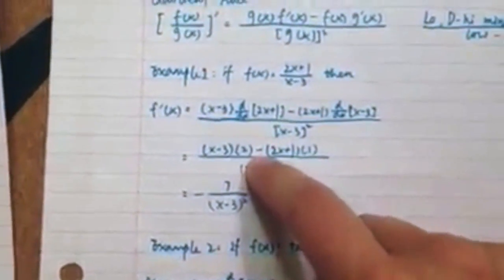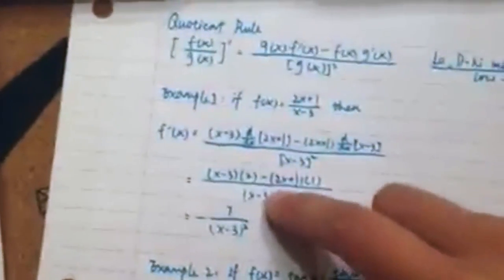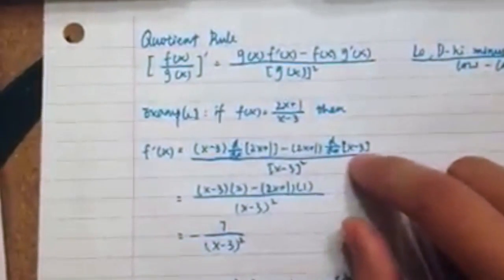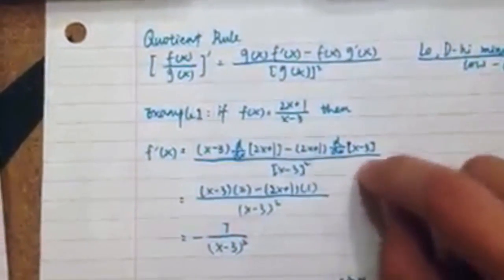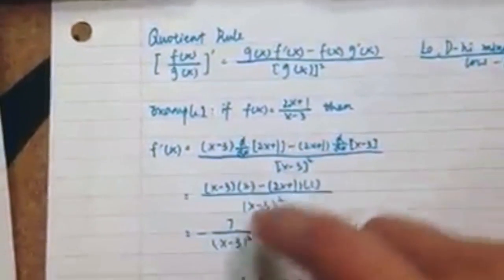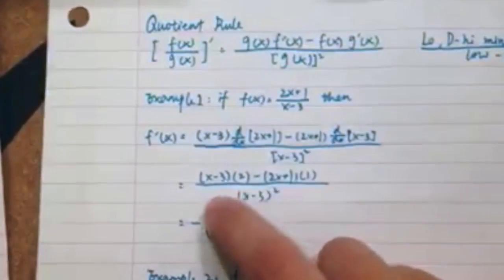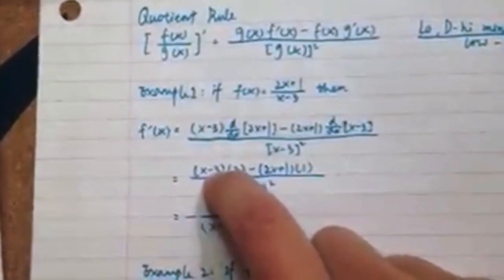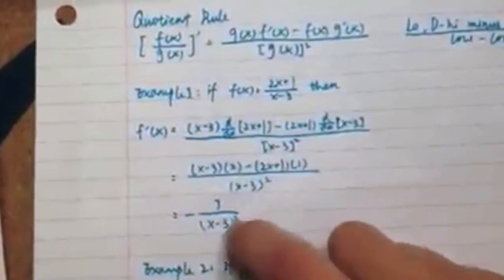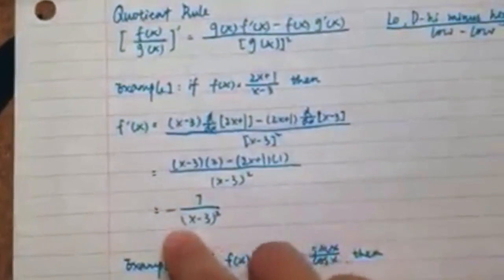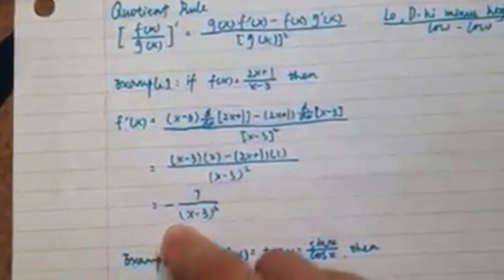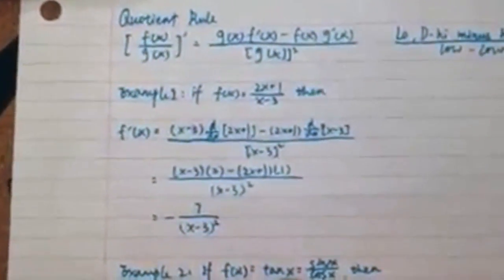And we do the minus sign, and the derivative of x minus 3 is just equal to x to the 0 power, which is 1. And we simplify our numerator, and we get the final answer, which is negative 7 over (x minus 3) squared.